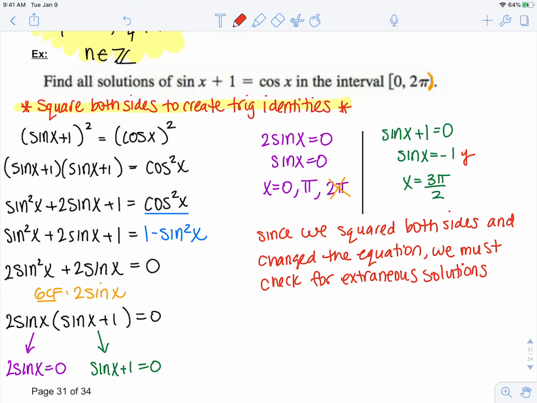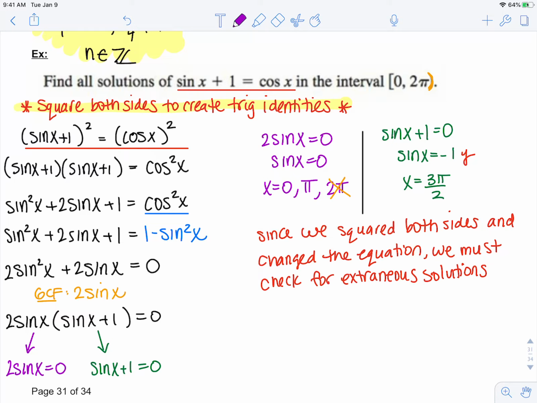So the equation that we solved is this one, right? That is not the same as this original equation. So since we changed the equation, we have to plug these 3 answers in to our original problem to see if they work out. So let's check our purple answers in our original equation.